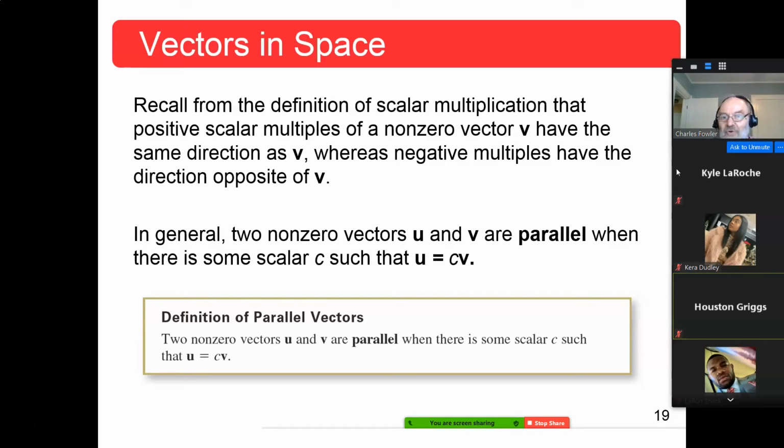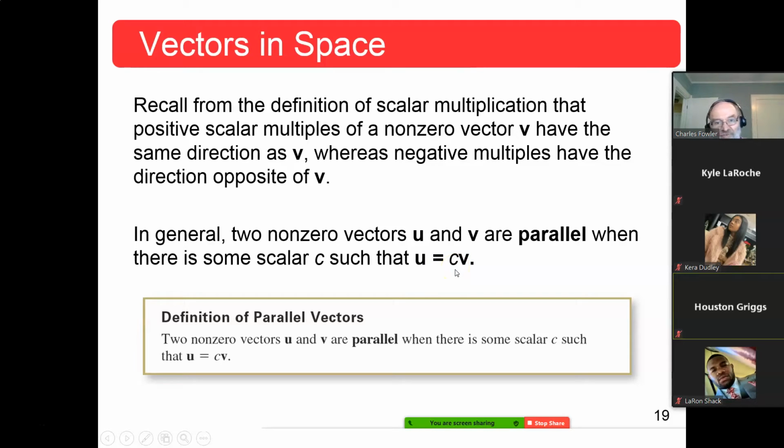In general, 2 non-zero vectors, u and v, and I don't think this u is a unit vector anymore, are parallel when there is some scalar c such that u is equal to c times v, or v is equal to c times u. You could say it either way, and that c could be positive or negative.